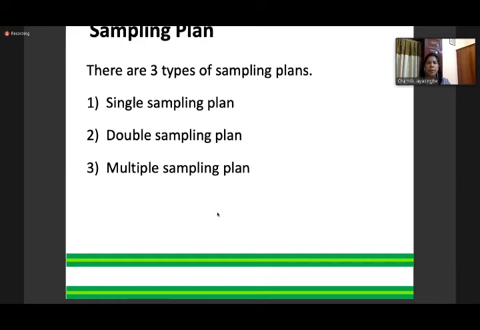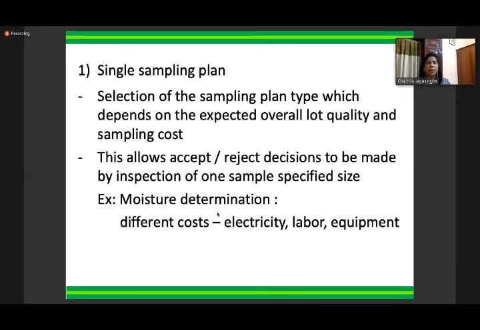What is a single sampling plan? Selection of the sampling plan type depends on the expected overall lot quality and the sampling cost. This allows an accept or reject decision to be made by inspection of one sample of specified size.